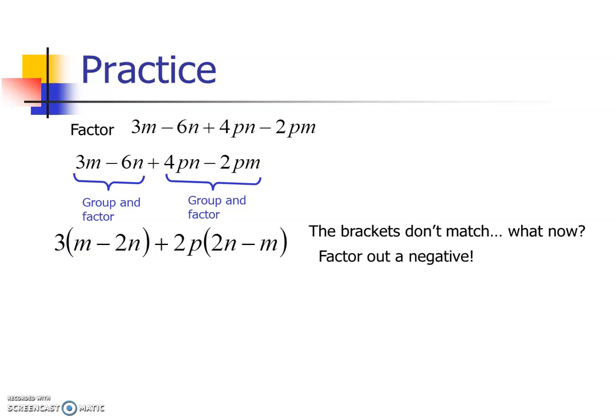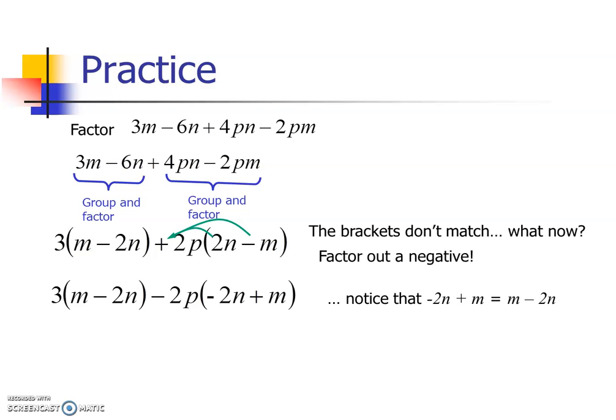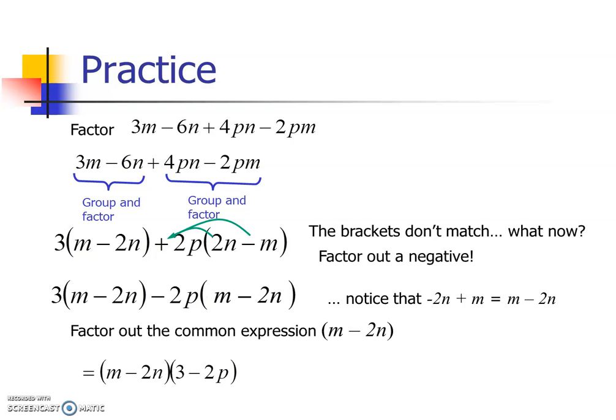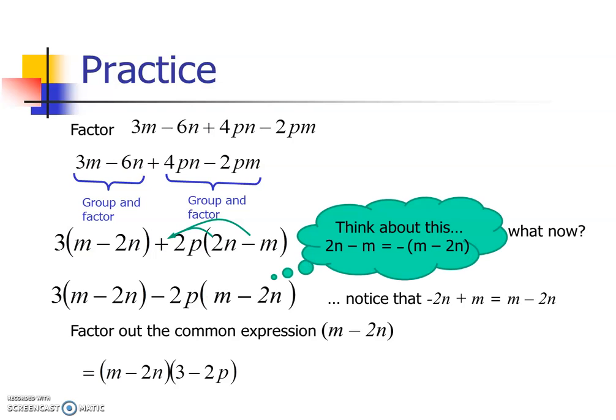Basically what that means is you factor a negative out of that term, and it's going to go in the front of the 2p. And now you can rearrange the negative 2n plus m to be m minus 2n. So we'll usually do this in one step, just as you see right there. Swapposite. And now my common brackets go out in front, and my leftovers, 3 minus 2p, go in the second part. And there's that reminder: this is why that change of subtraction will always work.